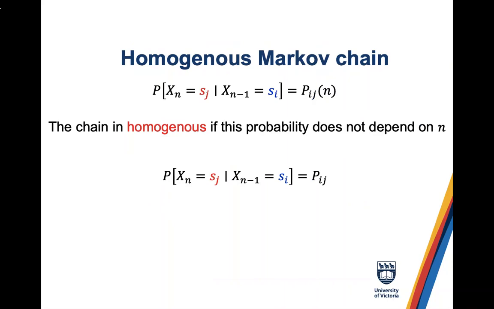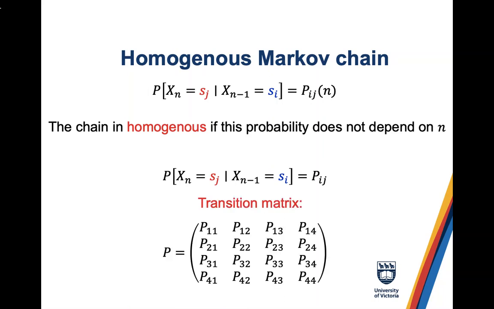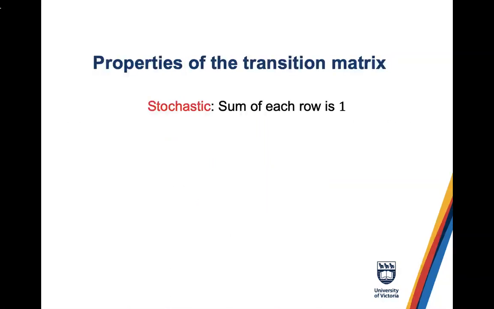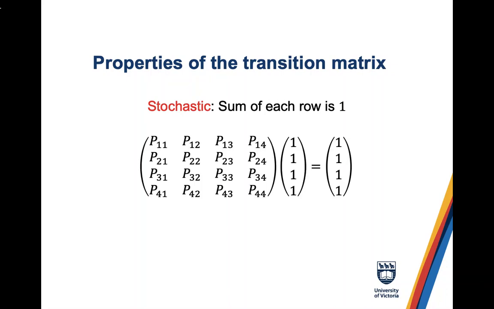Homogeneous Markov chain: the chain is homogeneous if this probability does not depend on n. There is a transition matrix explaining that. Properties of the transition matrix: stochastic, the sum of each row is 1, as we can see from the picture.